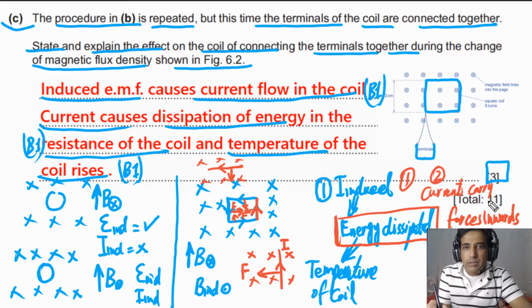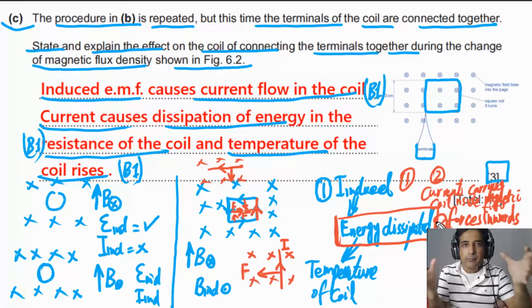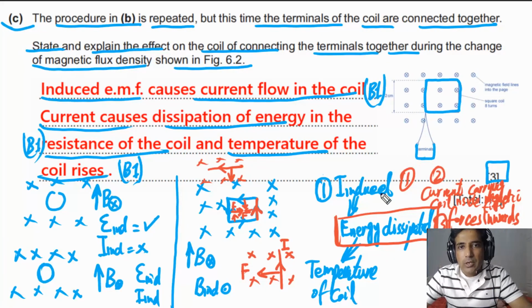So we can say current carrying coil inside magnetic field, and you will get the second mark. And the third mark you will get if you have written there will be forces acting on this one and these forces are directed inwards, meaning it will try to minimize its area. So it will try to reduce the change in magnetic flux. So this is how we can answer this question.